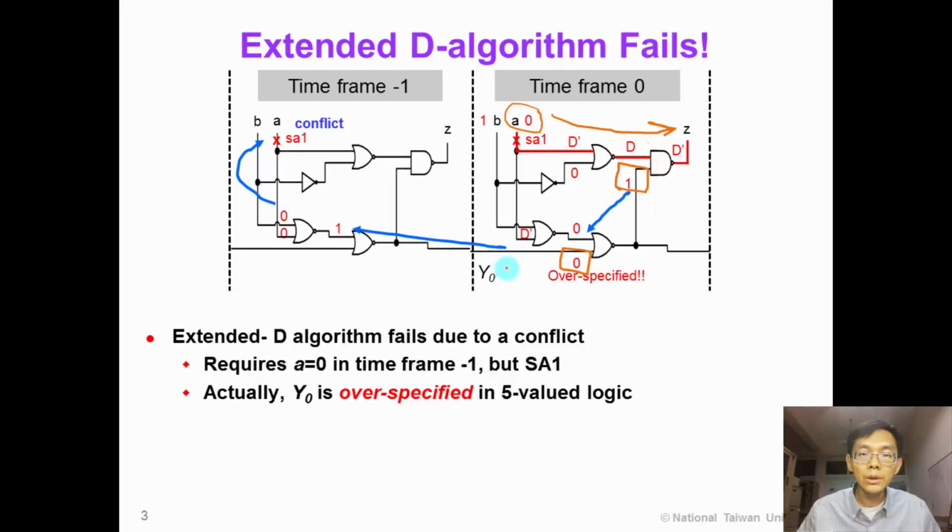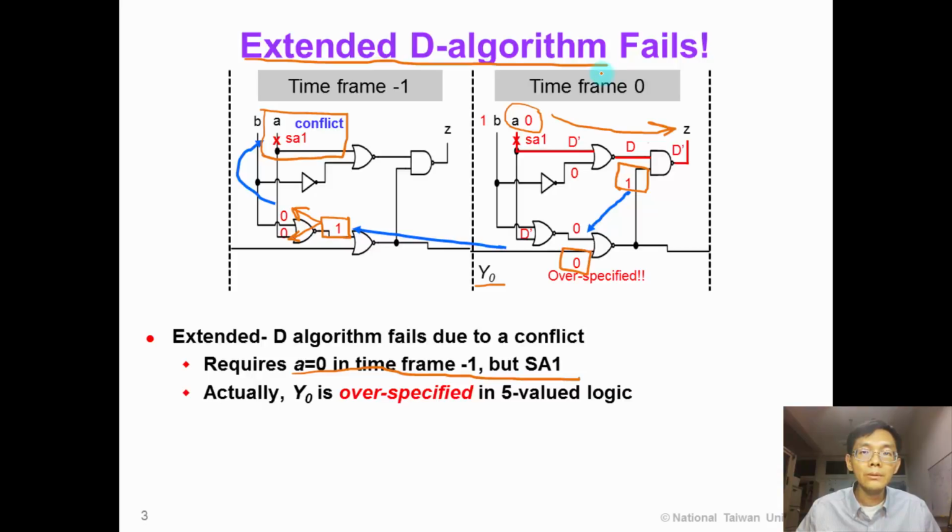If we need a 0 at Y0, we will need a 1 at the NOR gate, which implies that both of the inputs of the NOR gate would be 0. In that case, we will need a 0 at input A in time frame -1. But this is a conflict because this is actually a stuck at 1 fault. So according to the extended D algorithm, this fault cannot be tested.